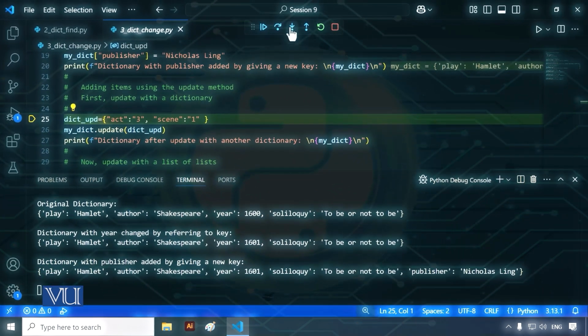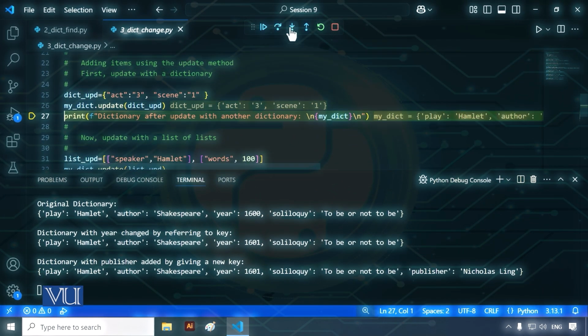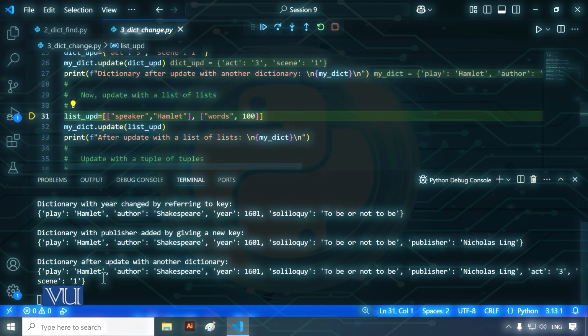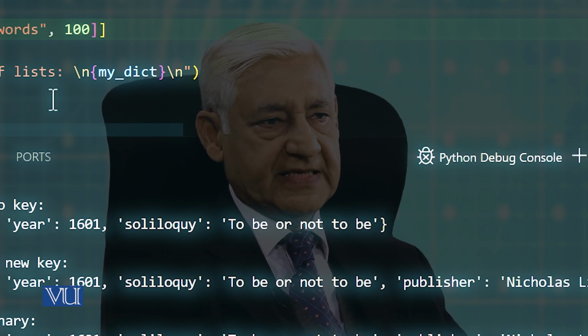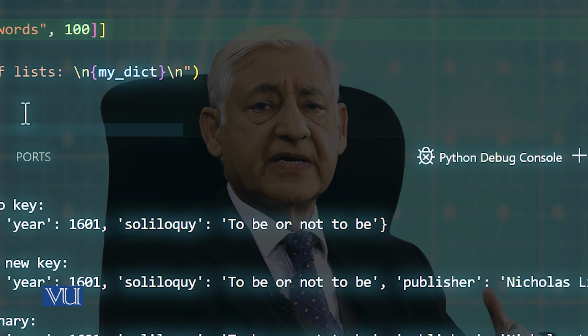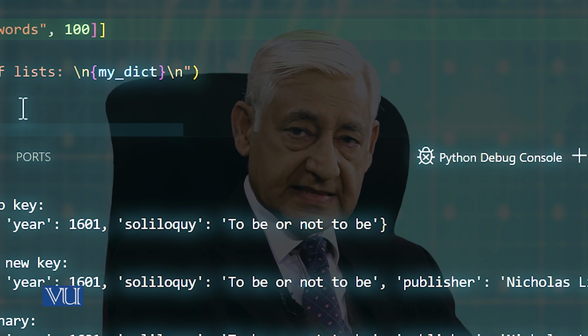Let's see what happens. It runs this, and we print the dictionary, and what do we get? The dictionary after update with another dictionary is all of the original key value pairs, including publisher, and then it has added the key act with value 3, scene with value 1. Doesn't matter, the 3 and 1 are also strings because that's the way we want to work with it. But in any case, 2 new items were added to the dictionary in one line of code, which was the update statement. We're not restricted to using dictionaries to update other dictionaries.